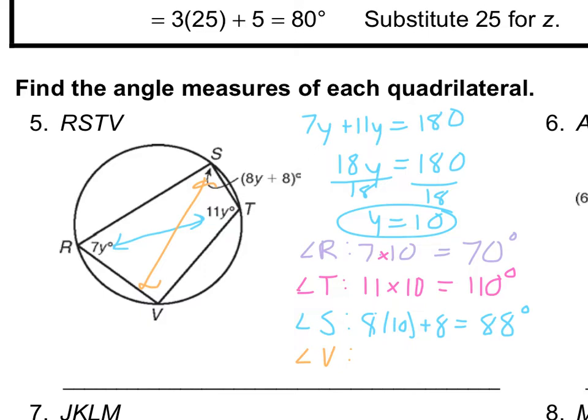So 88 plus angle V is equal to 180. So we can do 180 minus 88 to find out what angle V is. So angle V is going to be 92 degrees. So these are 4 angles of our quadrilateral.